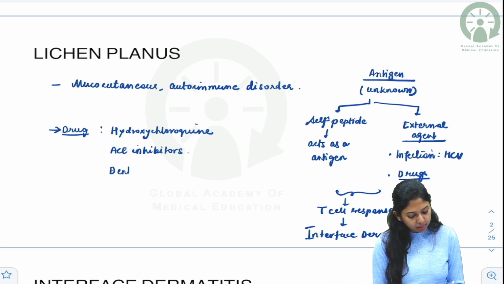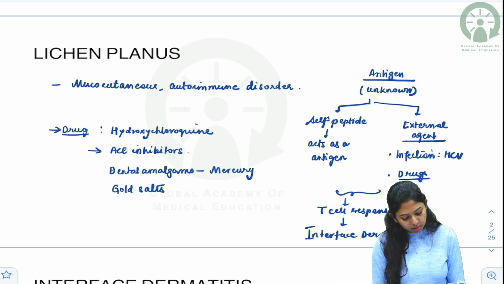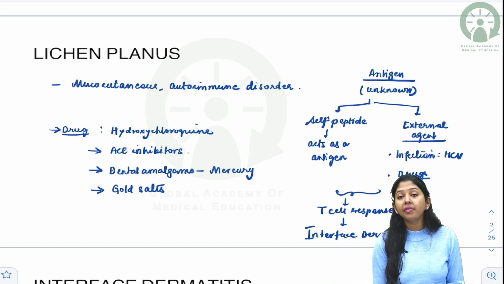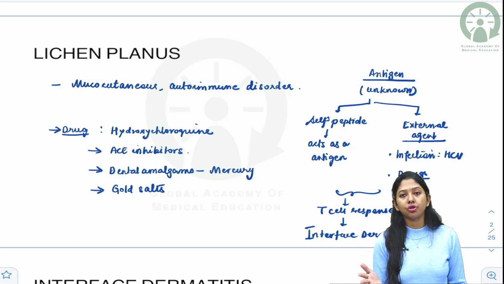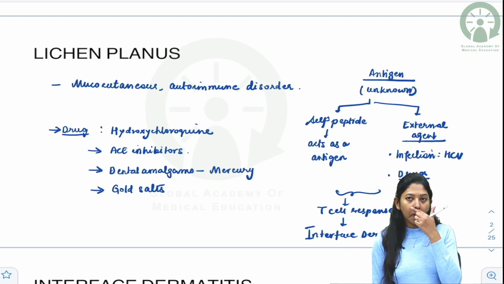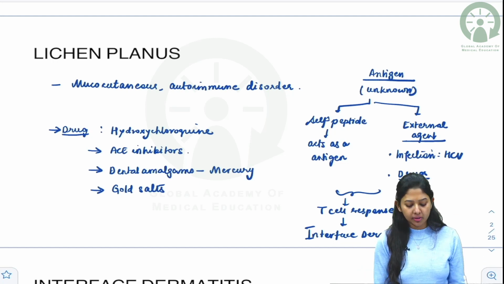Then you have dental amalgams, which contain mercury, and gold salts, heavy metals like gold salts, right? You could have a patient who has undergone a dental procedure and develops a rash which is violaceous and has features of lichen planus. Then you have to think about lichen planus.